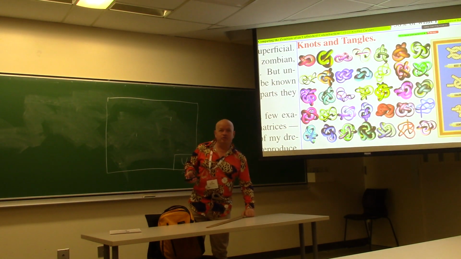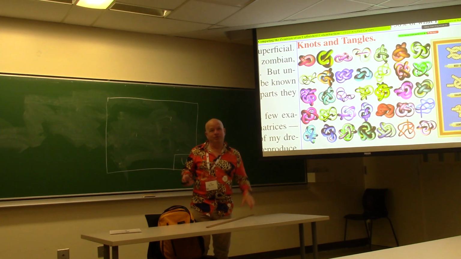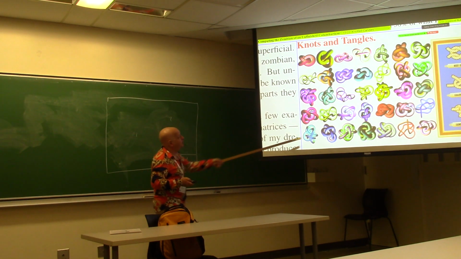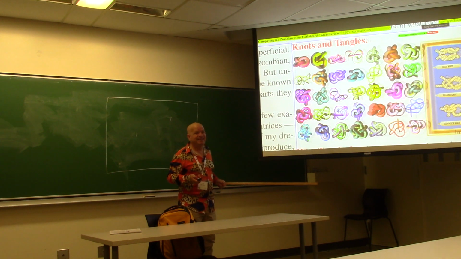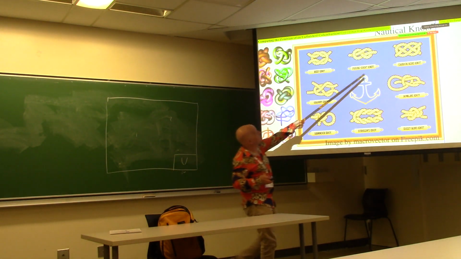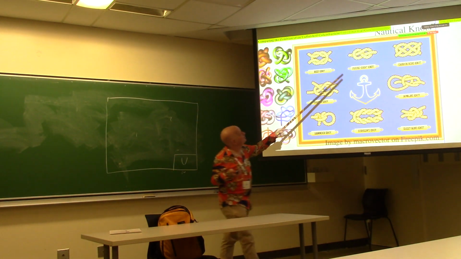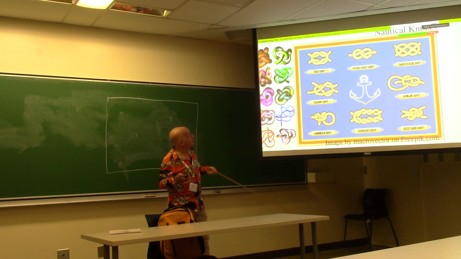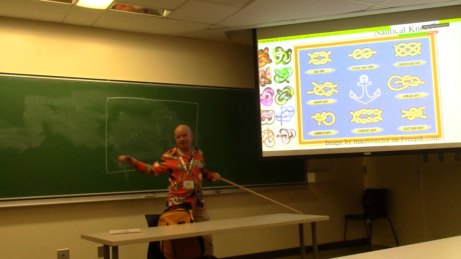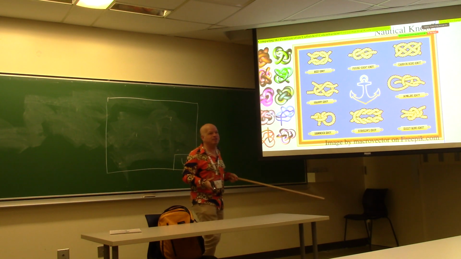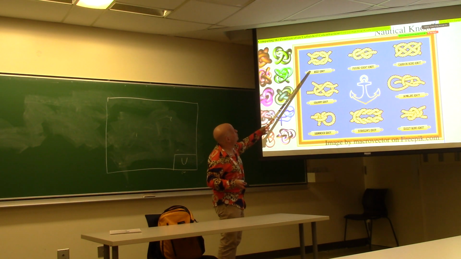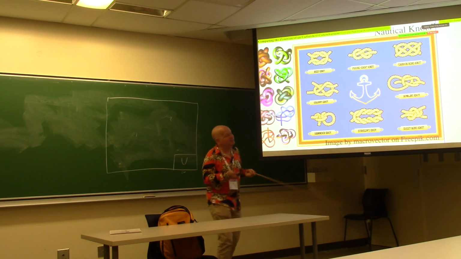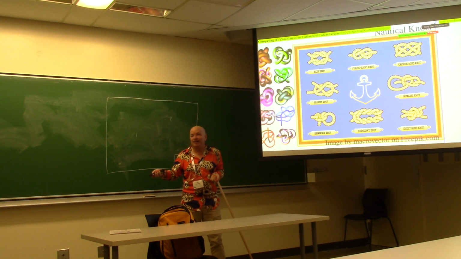And now a word about knots and tangles, and I really have to go quickly, I'm sorry about that. Here are knots. Here are also knots. This is one of the standard nautical knots tables. If you look at it more carefully, you'll see that what people in the boating business call knots, like a reef knot or a granny knot, is actually what we would call a tangle.